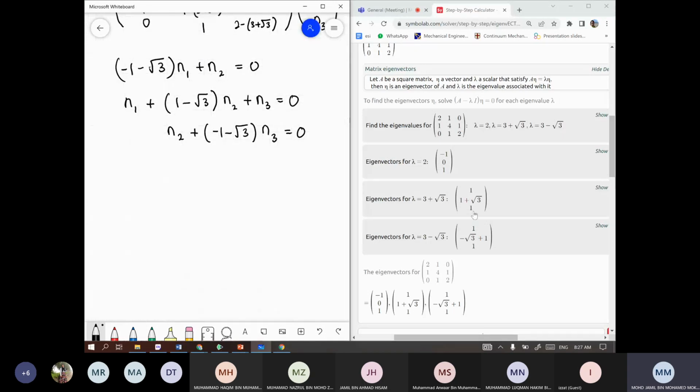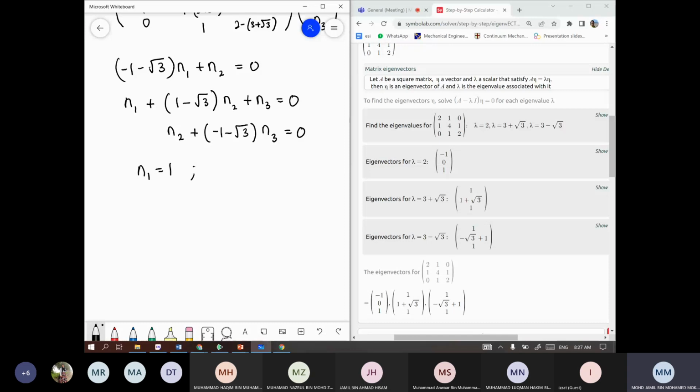So let's look at the second eigenvector. Let's say we choose n1 equals 1 and n3 equals 1. So you can choose any value. So from n1 equals 1, then n2 equals 0.